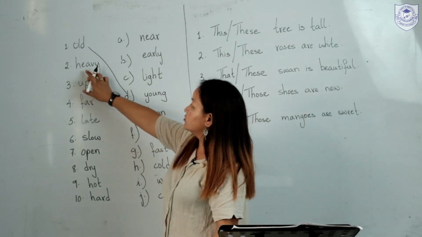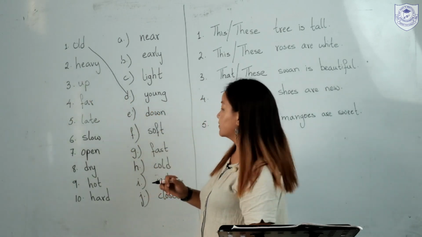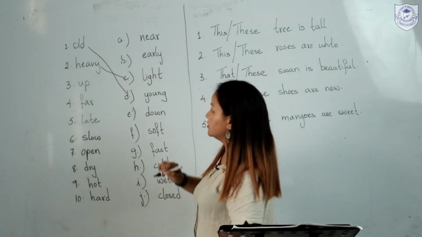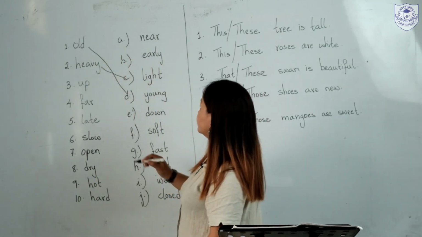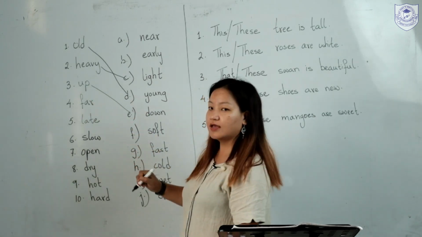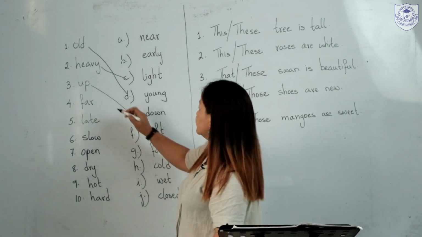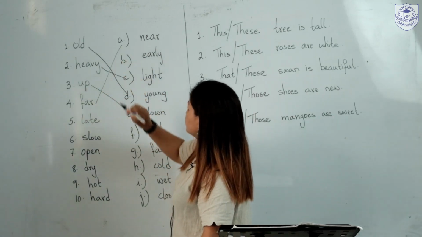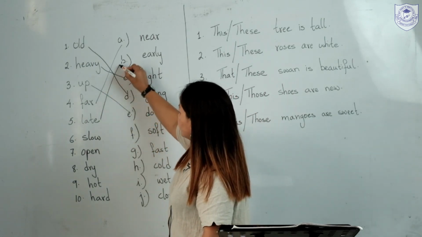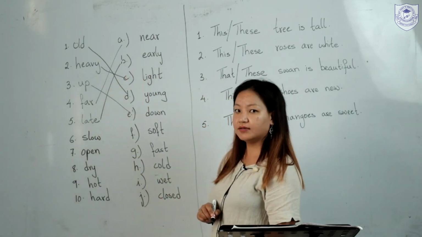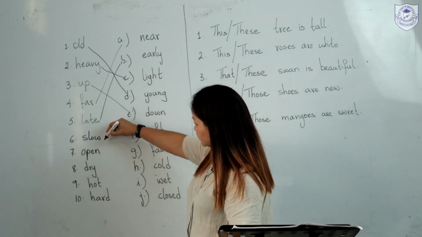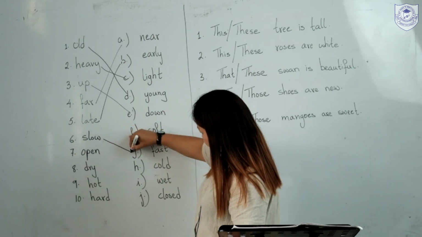And then number 2, heavy will be light. You match it like this. And then number 3, up will be down. And then number 4, far will be near. And then number 5, the opposite of late is early, right? Late, early. And then number 6, the opposite of slow is fast.